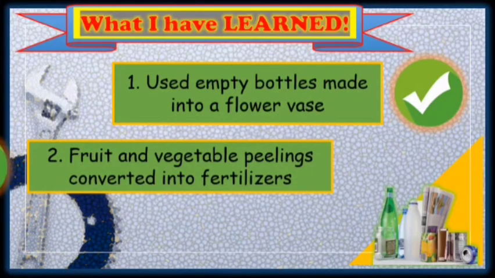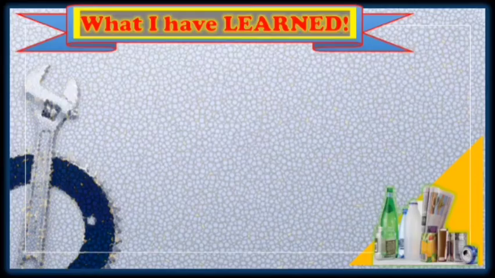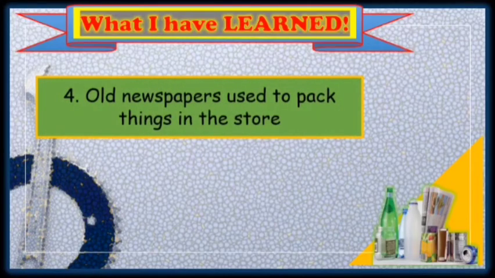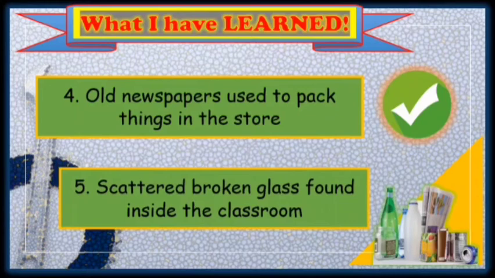Yes, very good. That is check. Number 3, expired medicine is stored in the cabinets. So that is cross. Number 4, old newspaper used to pack things in the store. That is check. And the number 5, scattered broken glass found inside the classroom is wrong.